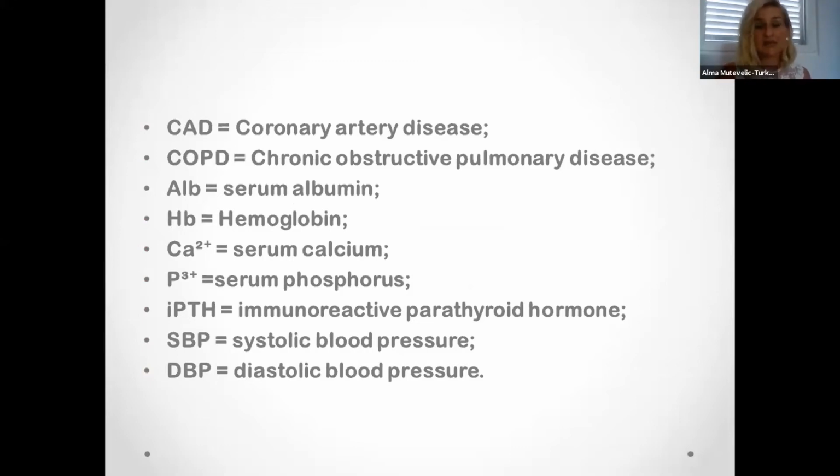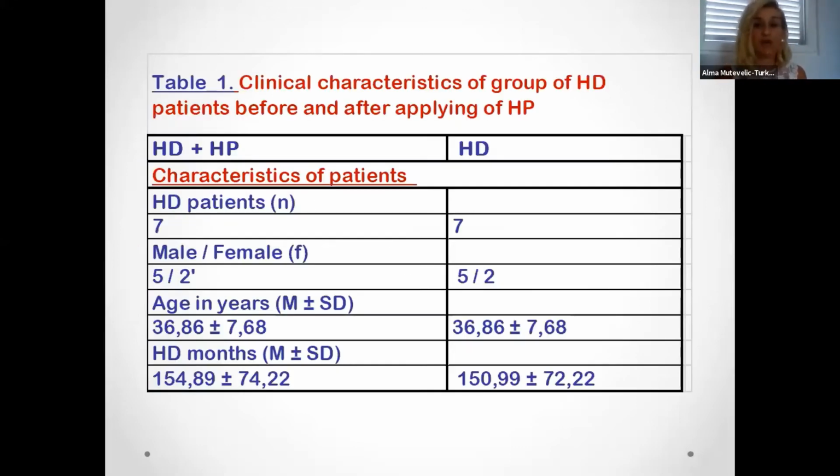On this slide, you can see some clinical characteristics of our first study group. They are mostly male, with an average age of 37 years and an HD duration of 150 months. The indication for including patients in this method was mostly that they were younger and middle-aged and had been longer on hemodialysis treatment.